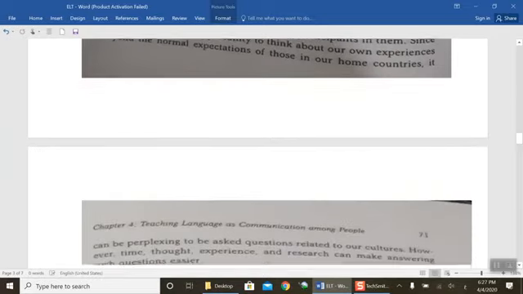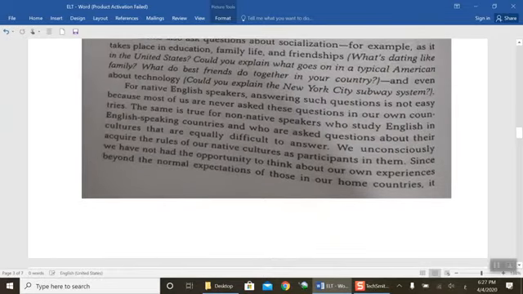Even native speakers do not find it easy to answer; they have to know more and more about culture, even their own culture. Sometimes people don't know much about their own culture.